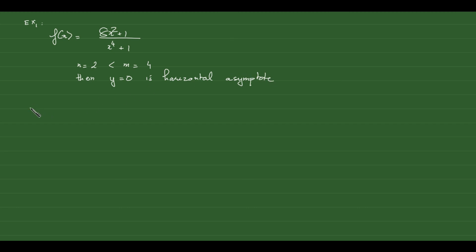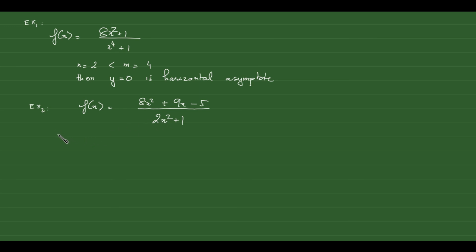Okay. How about this one? Number 2. How about I have 8x squared plus 9x minus 5 over 2x squared plus 1. Alright, so you see the degree on the top and the degree at the bottom are the same, right?